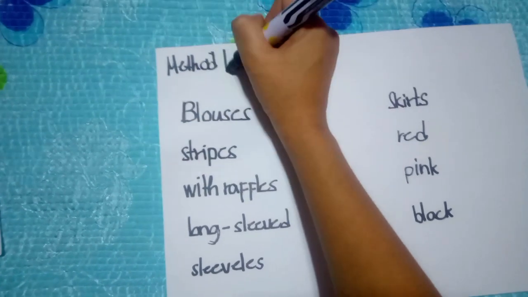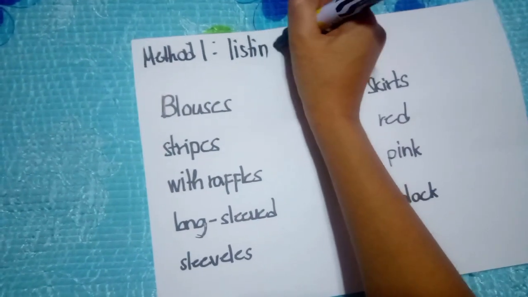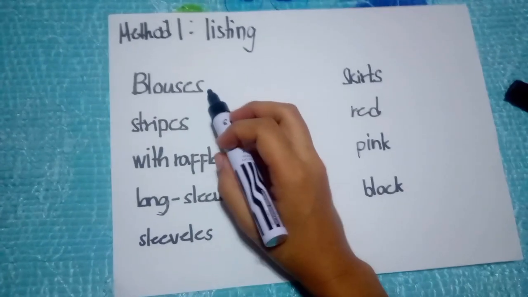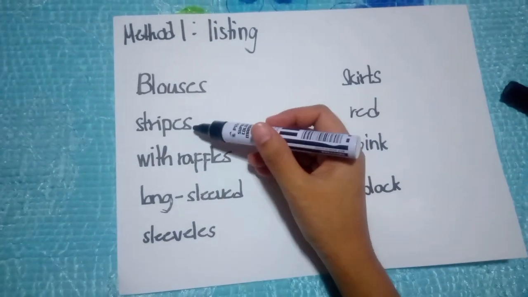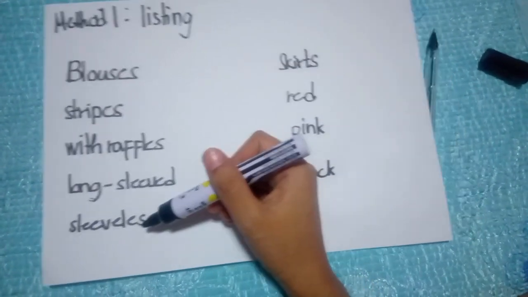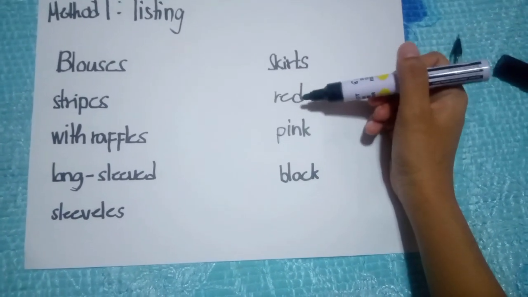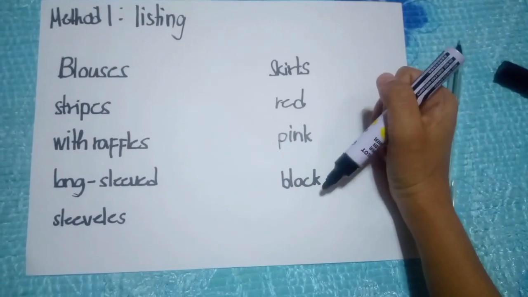Method 1, which is listing. We have the blouses: stripes, with ruffles, long sleeves, and sleeveless. Then the skirts: the colors are red, pink, and black.